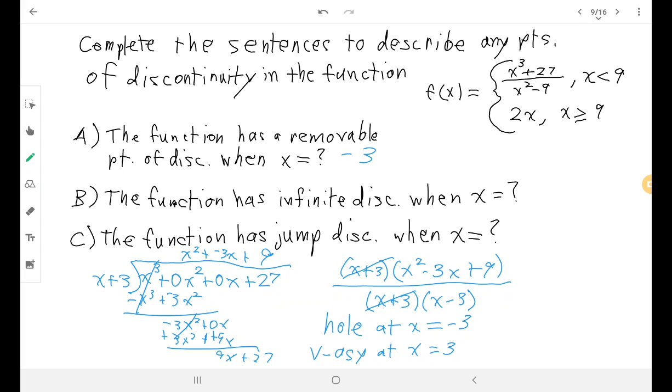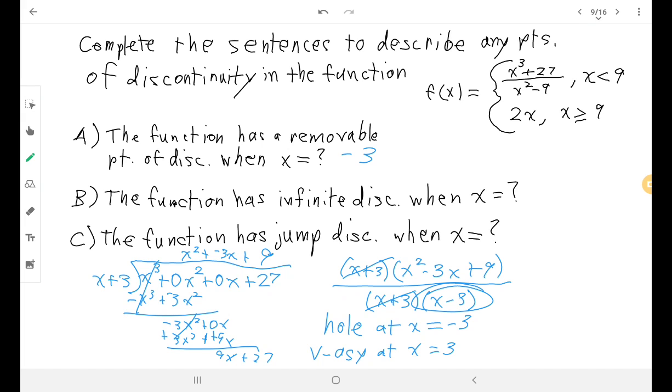If I've got two things multiplied right here, if I make this one 0 by letting x equal negative 3, then it doesn't seem to affect anything because it cancels. But it is there. So even though it cancels, I still can't have x equal negative 3. And that's when we get what we call a removable point of discontinuity, or a hole. Okay?